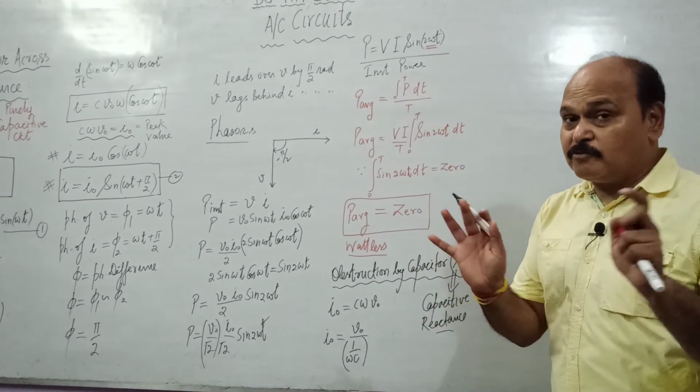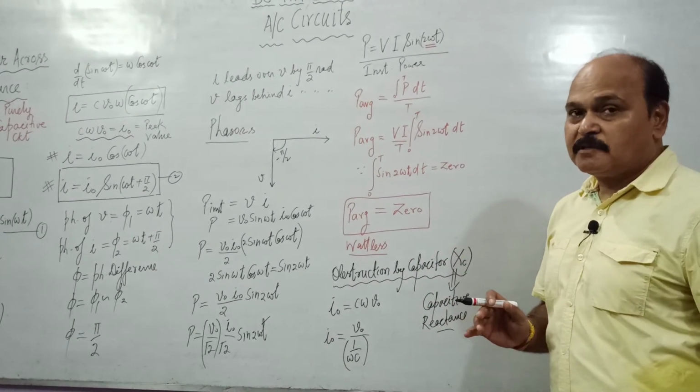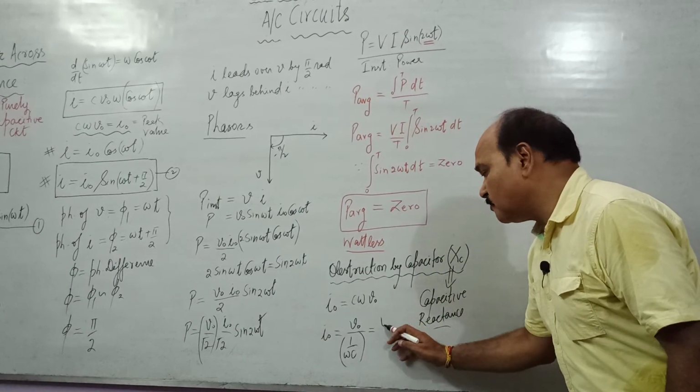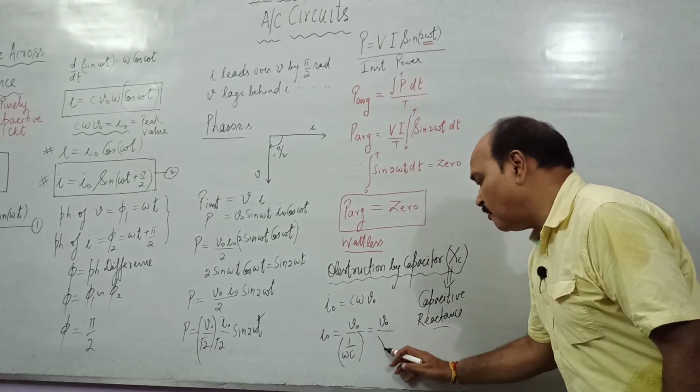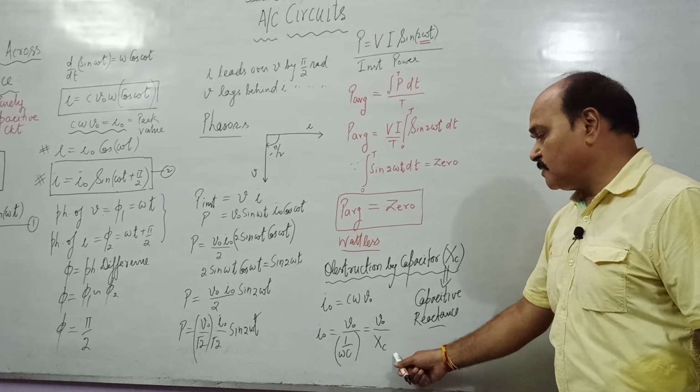So we are not going to use the word resistance here. Resistance is frequency independent obstruction. And this term, which is in place of resistance, is the obstruction offered by capacitor to current, which is capacitive reactance.